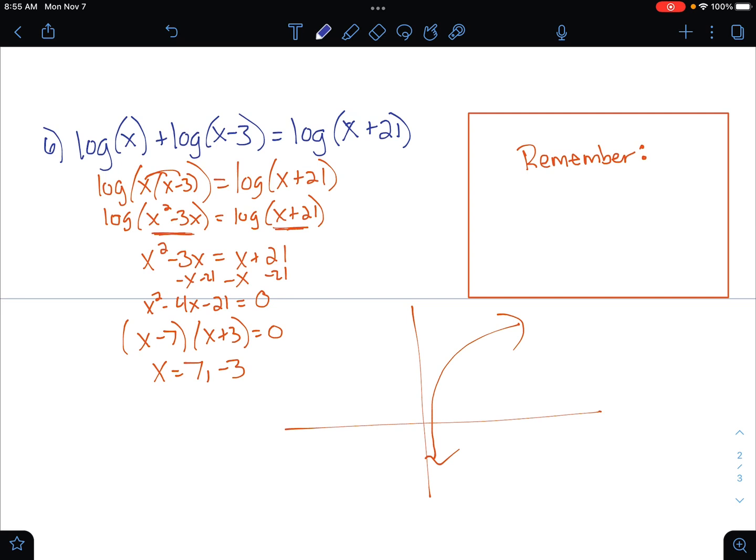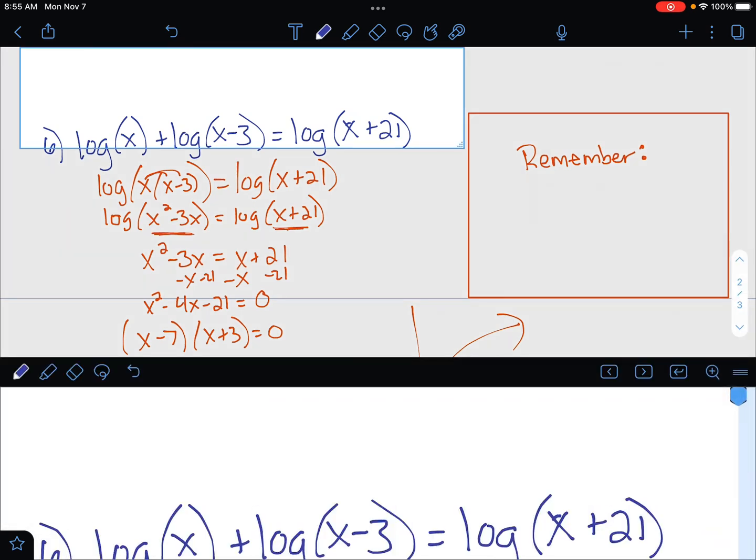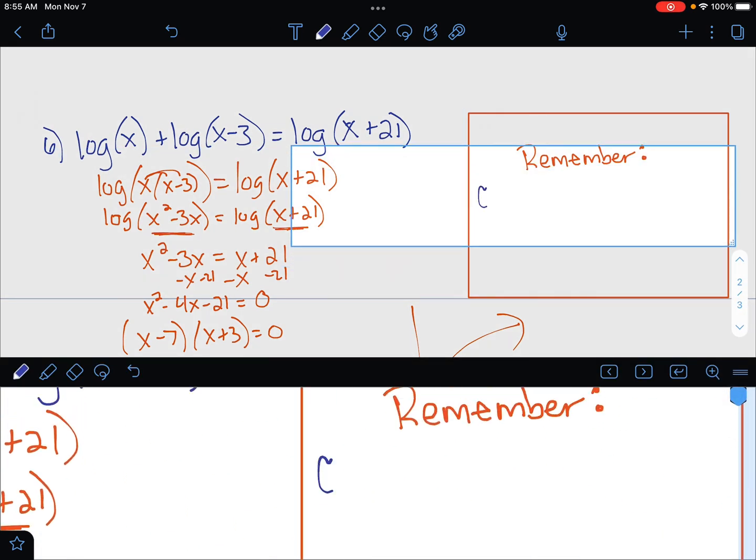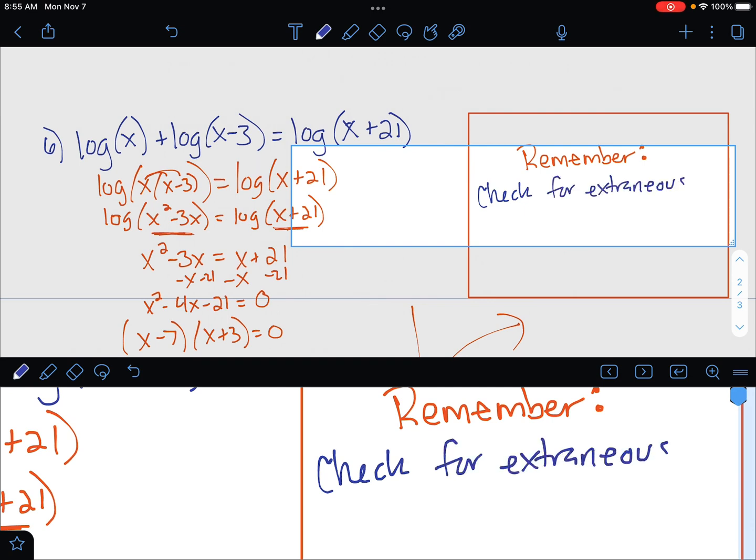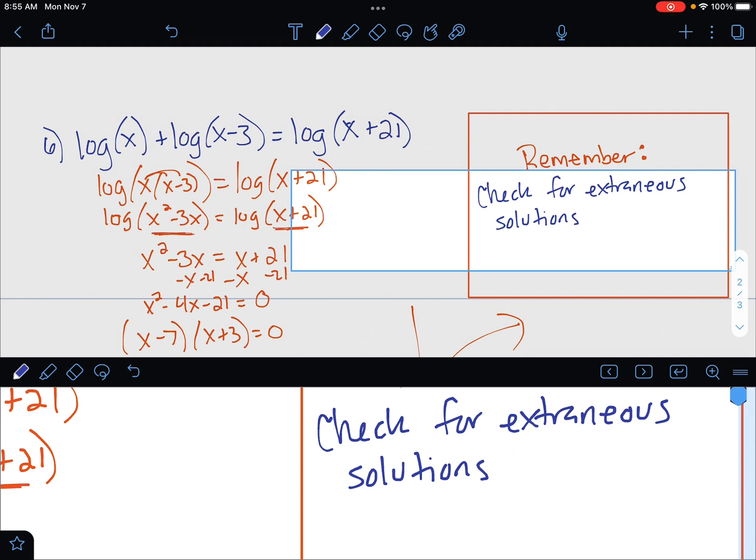We have to remember to check our solutions. Check for extraneous solutions. Extraneous solutions are basically no solution, or they don't work. Okay, that's when it becomes a negative.